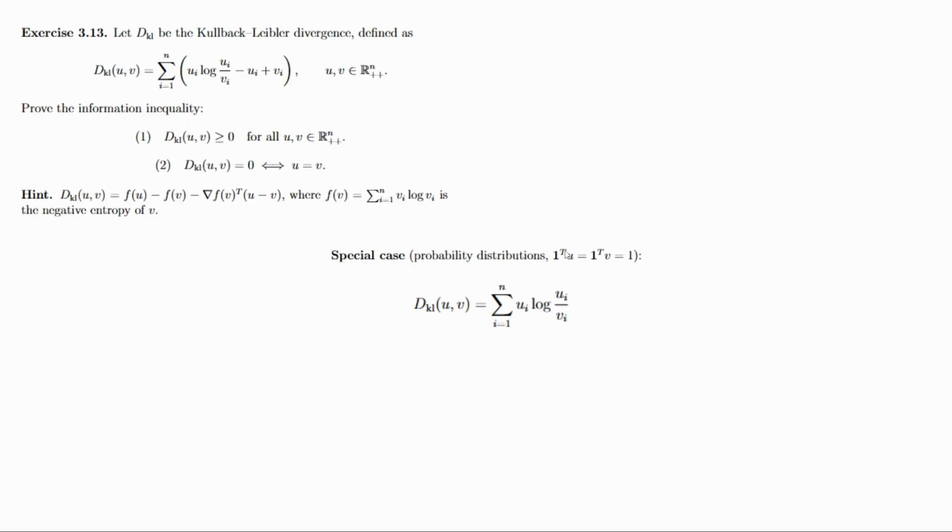So those extra terms, these u_i and v_i here, cancel, because they all sum to 1. And you get back the form you've seen in machine learning, which is this expression here. This might be the familiar expression to you. But the generalized version is what we need, so the proof works cleanly for all positive vectors.